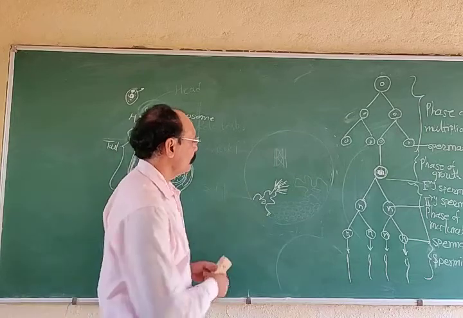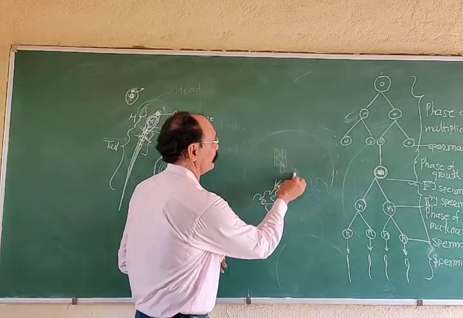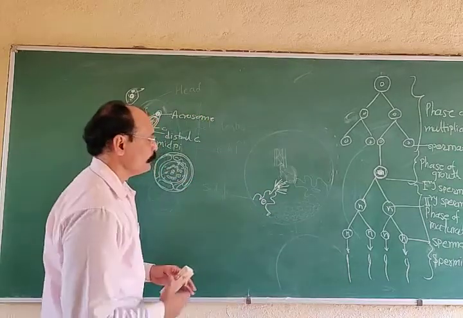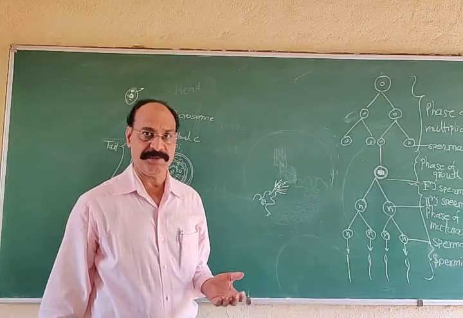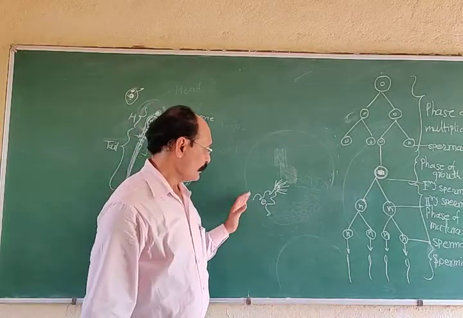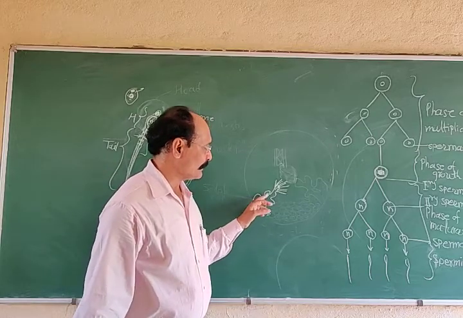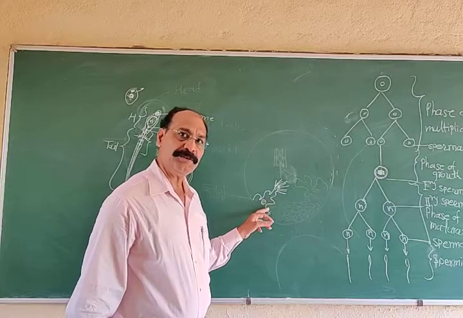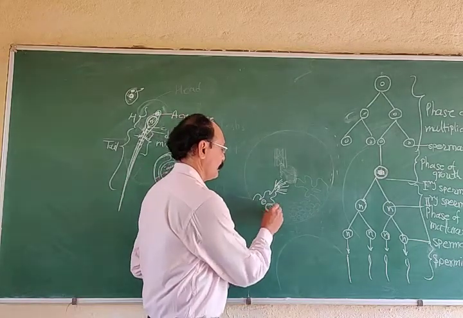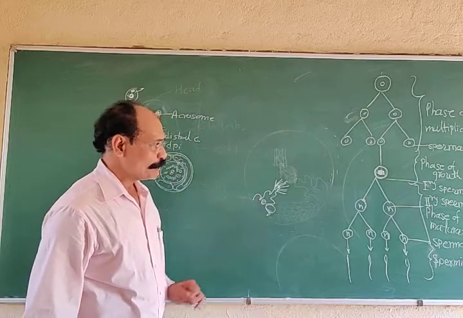Once they are mature, they are released into the lumen, and from the lumen they are transported through the vas deferens. The Sertoli cells give mechanical support as well as nourishment to the developing cells of spermatogenesis.